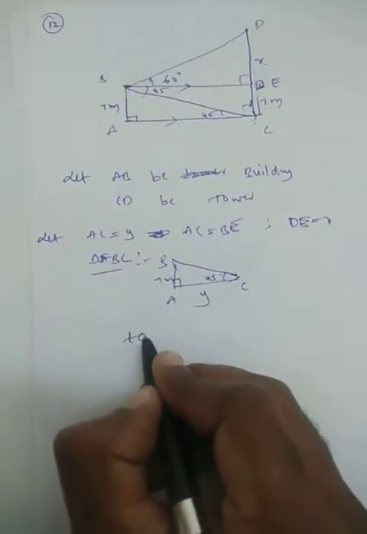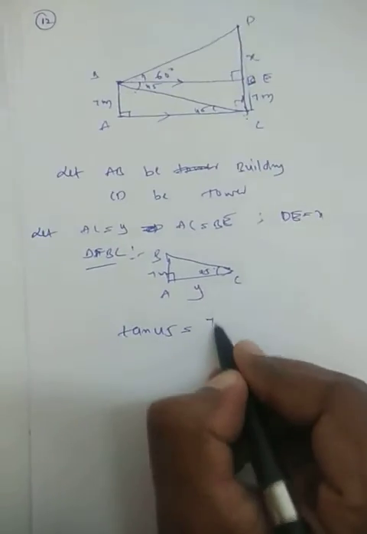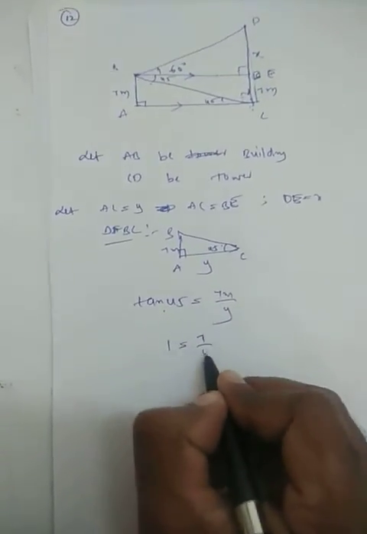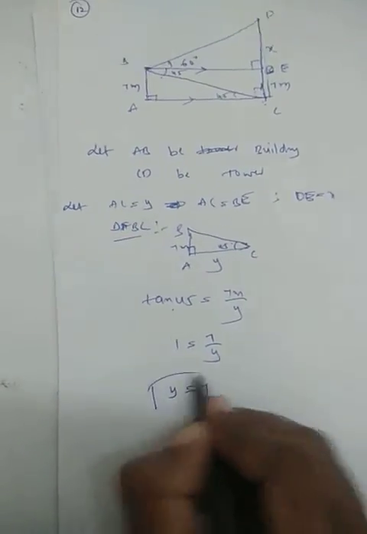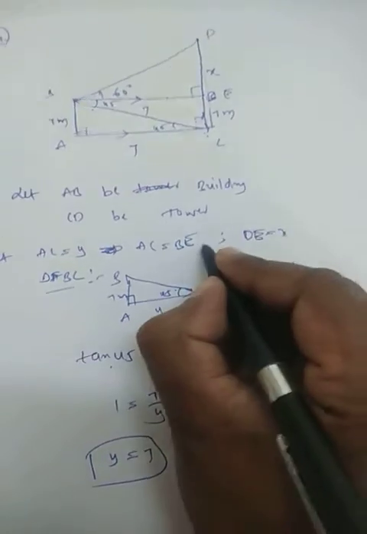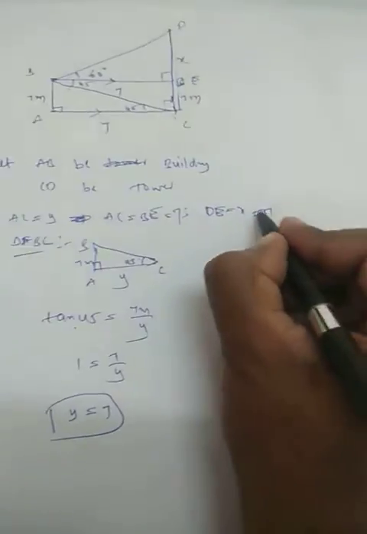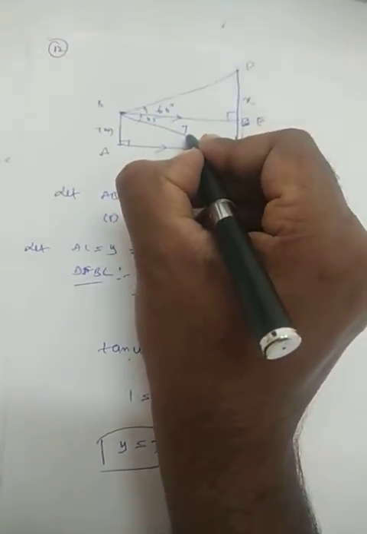So here tan 45 is equal to 7 meters by y. So 1 is equal to 7 by y, so y is equal to 7. We got this value as 7. Obviously this is also going to be 7. So AC is equal to BE is equal to 7. Look here carefully. It is 7 now.